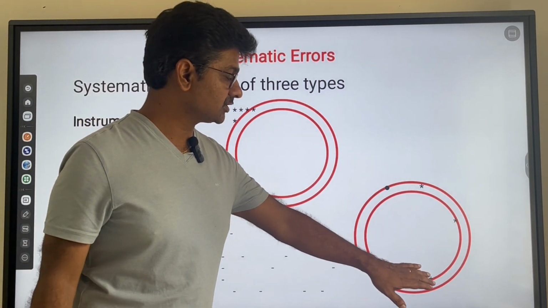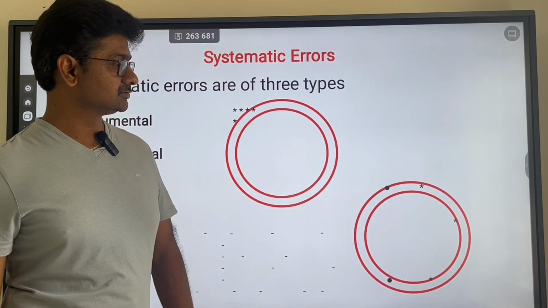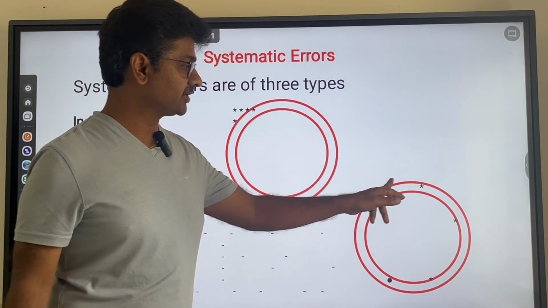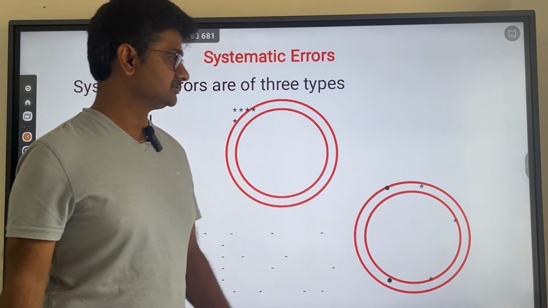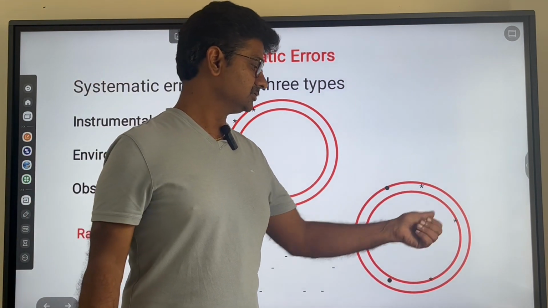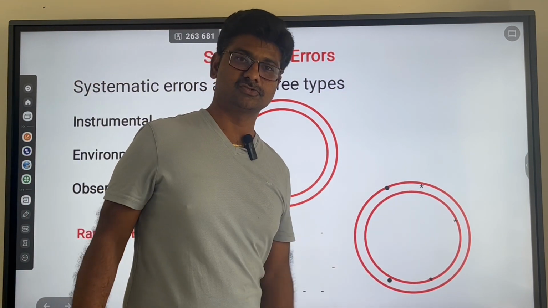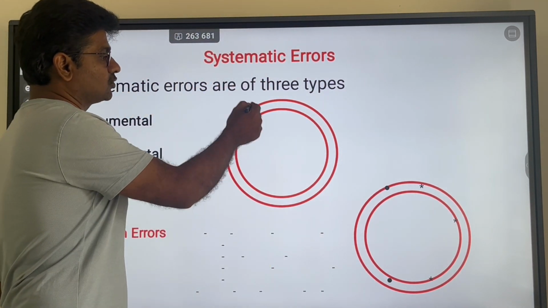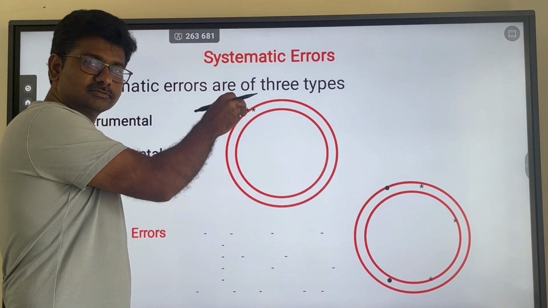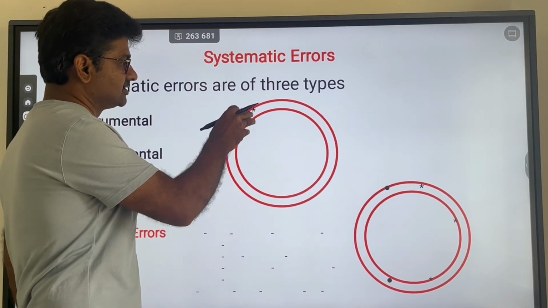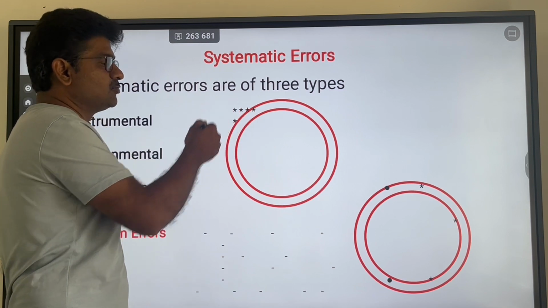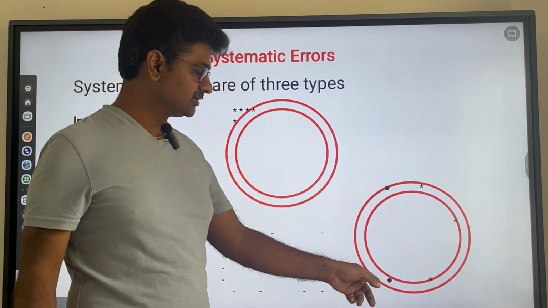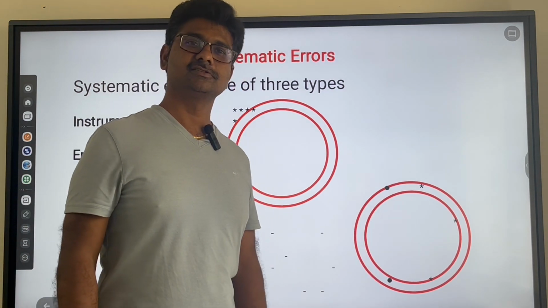Even though the values are close to the acceptable values, you're getting different values in different directions. Now, what do you mean by this? All these values are concentrating at a particular place. This means here the precision is more. Here, even though they are accurate, the precision is less.